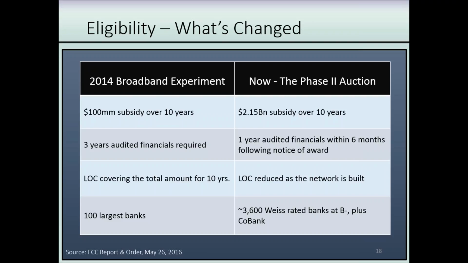Many of you, I'm sure, are aware of what happened in the rural broadband experiment. There were some wins, there were some losses, there were some unexpected outcomes. There were people that put in a lot of time and effort and thought that they were going to be awarded funding.